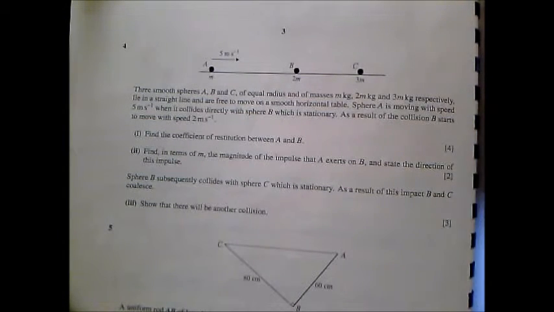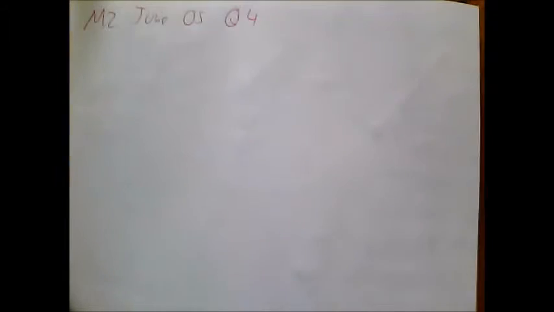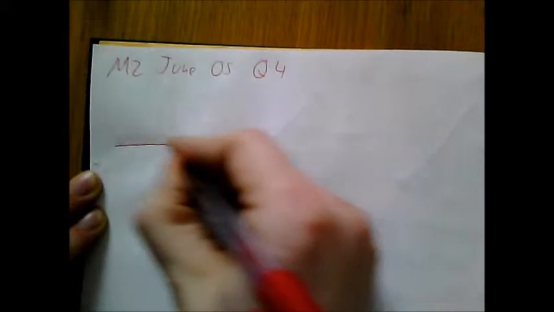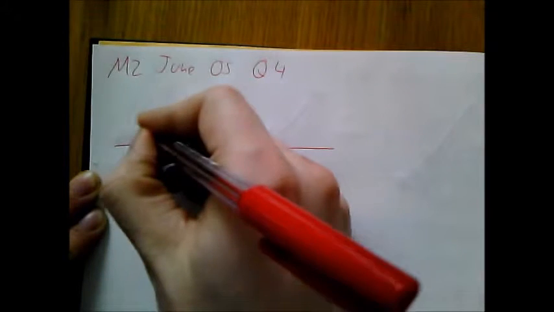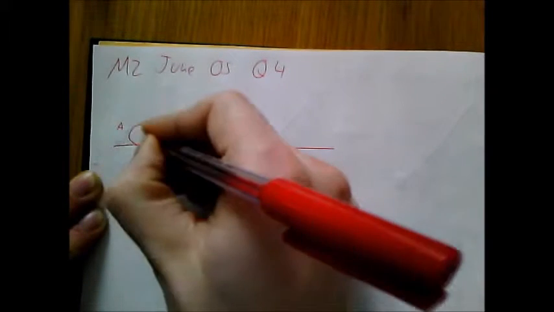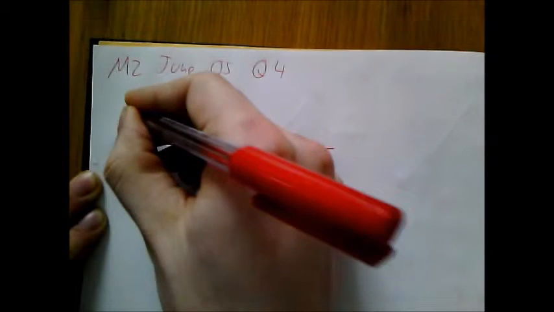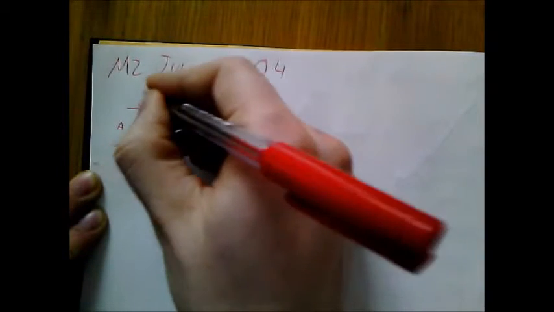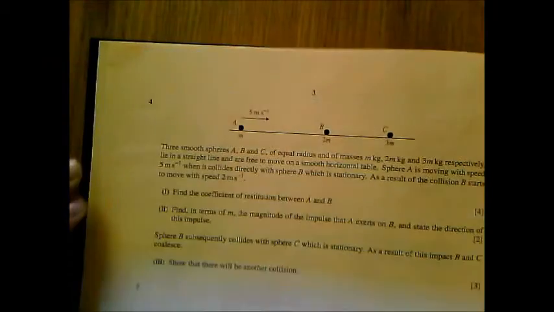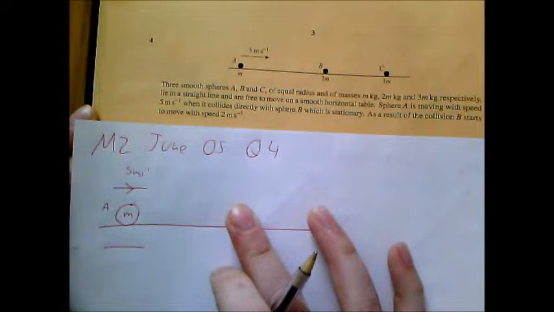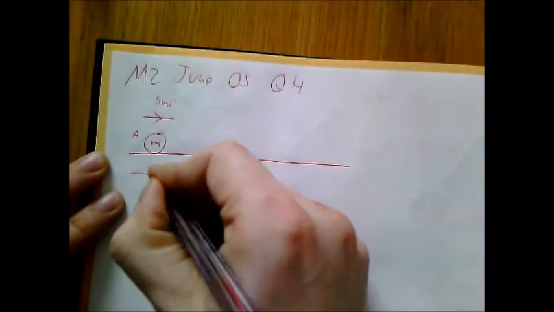Whenever we do this, we always do a before and after diagram. So let's interpret all of our information. Here's mass A, which has a mass of m, and it starts to the right at 5 meters per second and ends with VA, which we do not know.